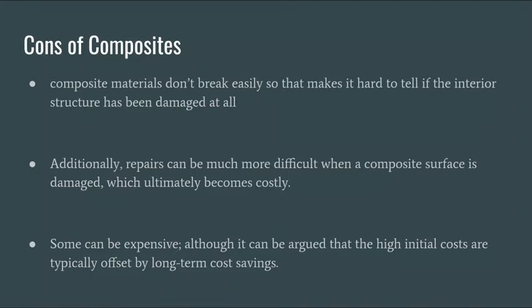So the main issue for composites is because they do not break easily, it makes it hard to tell if the interior structure has been damaged at all. On the outside, a composite may look tough because it is very durable, but inside there may be hairline fractures or microscopic fractures that will over time cause the whole composite to fail.